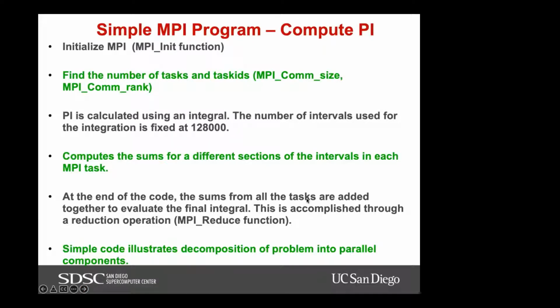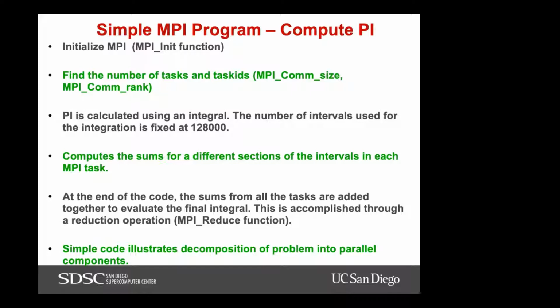So we'll start off with a simple MPI code that is going to compute pi. It just initializes MPI, finds the number of tasks, and the way we are computing pi is just using an integral, and we are using a set number of intervals. We basically say, if I have to sum across 128,000 elements, so you think about it as integrating from, say, 0 to 1 on a particular function, you break that up into 128,000 intervals.